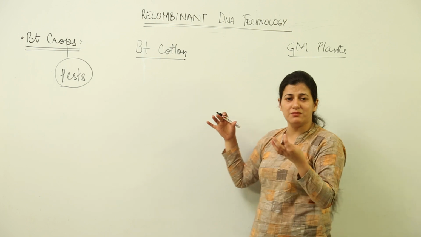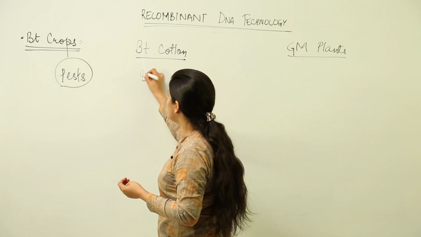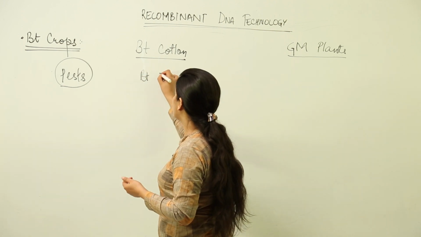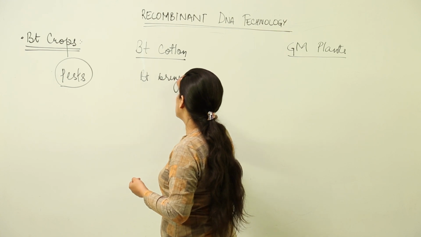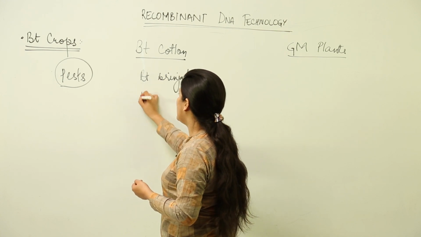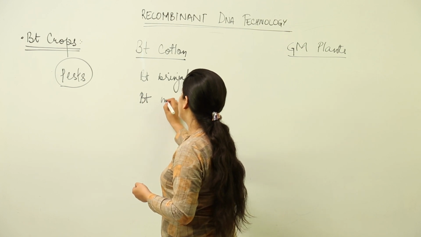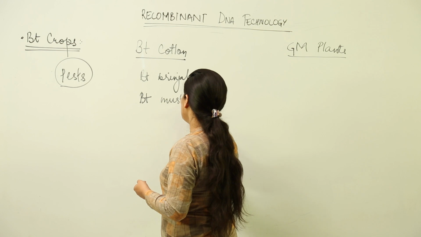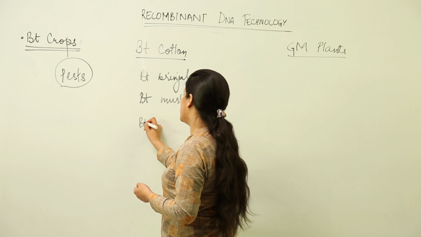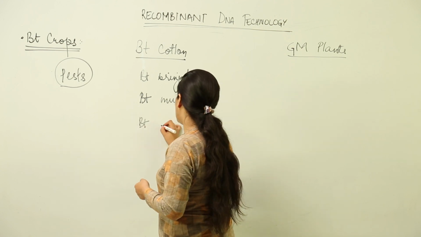There are crops like BT mustard, there is BT brinjal, but only BT cotton has found its way into the fields. BT mustard, BT potato, all these crops are somewhere in field testing.